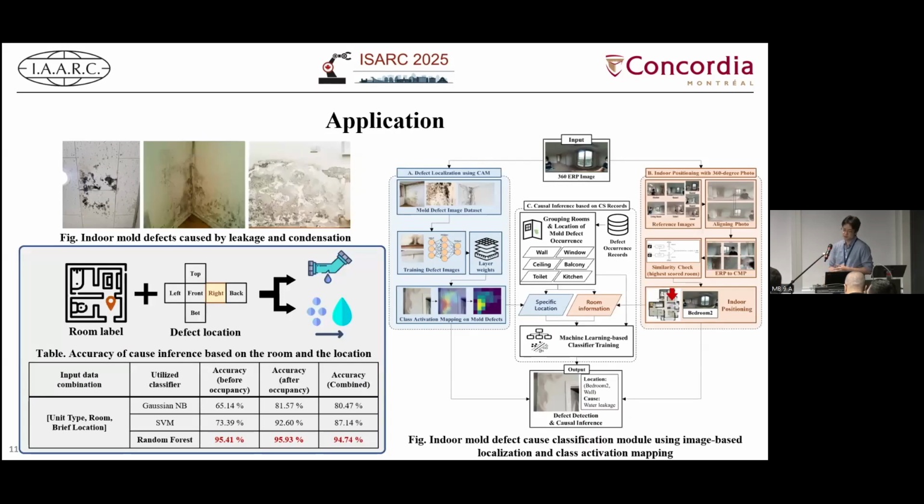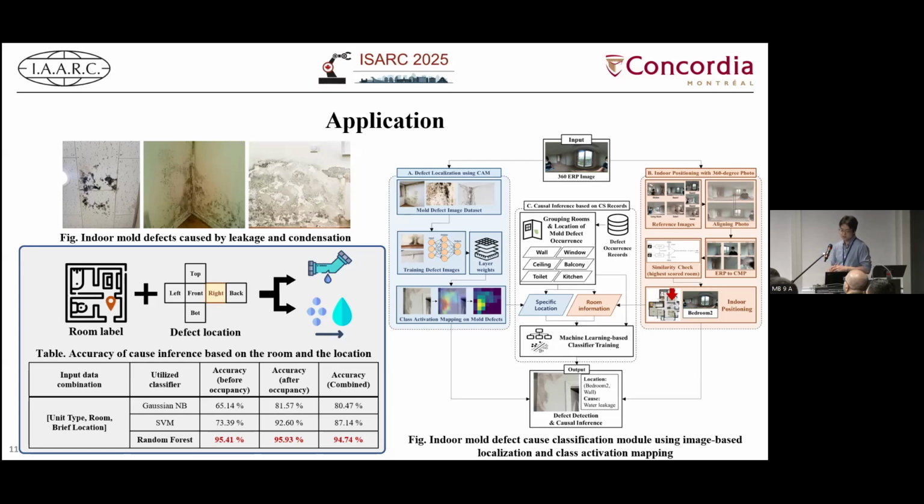The proposed indoor localization method is distinguished by its focus on context, delivering spatial context as a human-like approach. We intend to apply this spatial context framework to the management of indoor defects. In fact, through our statistical analysis, we have recognized that the causes of defects, especially mold defects, are intrinsically linked to the location where they occur.